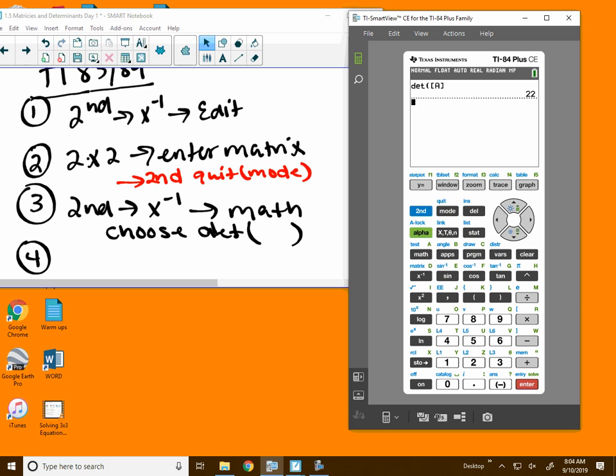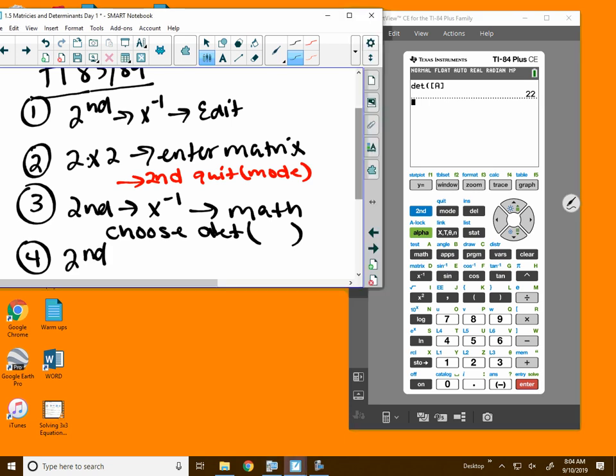Press enter again, it'll calculate the determinant for you, and it should be 22. Those should be the steps for the 83, 84.